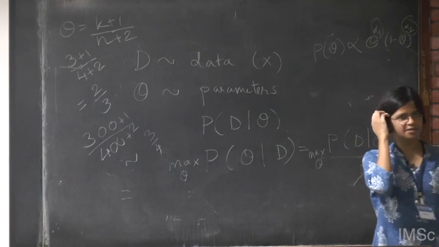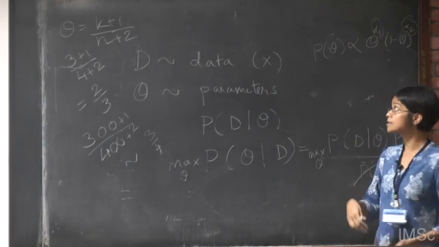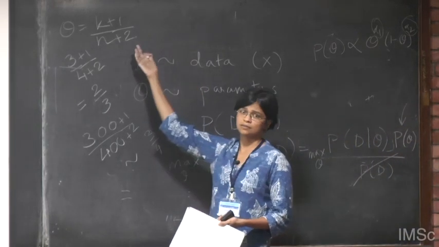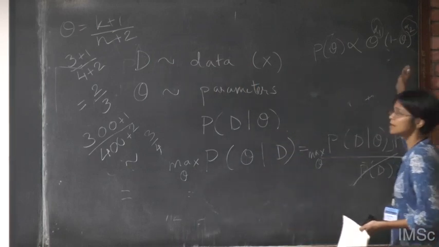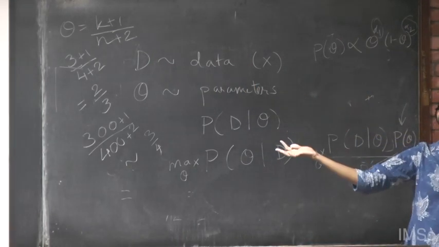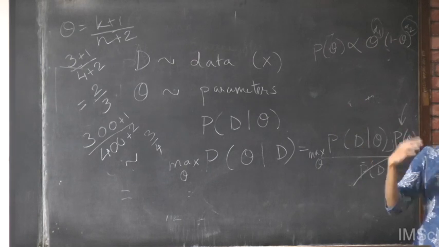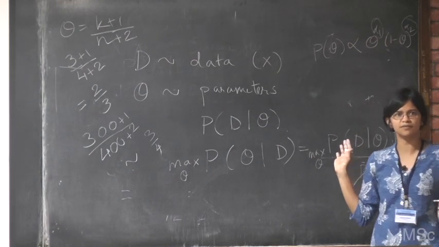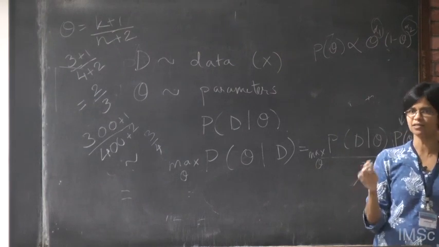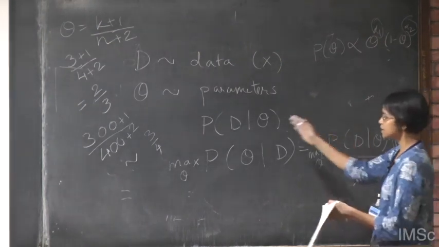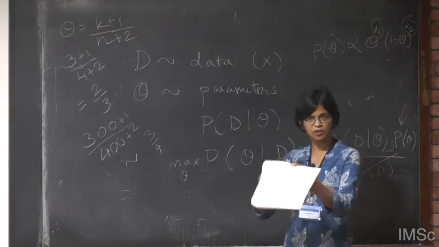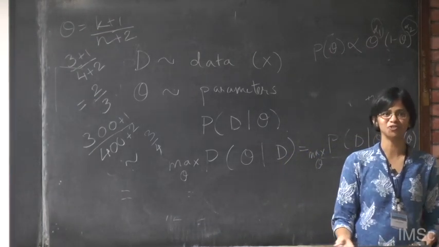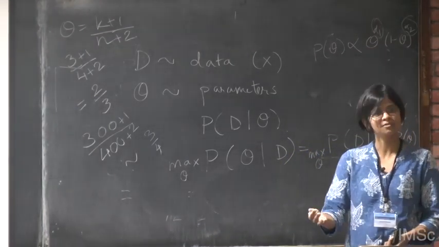So as your data increases, as long as your prior is sensible, you're fine. Your alpha 1, alpha 2 could have been off the charts, right? You could say that I have tossed the coin 1,000 times and I have seen 500 heads and 500 tails. You could always say that if you wanted to, but then you have to make that clear when you write the paper, what your assumptions were, what your hyperparameters were.